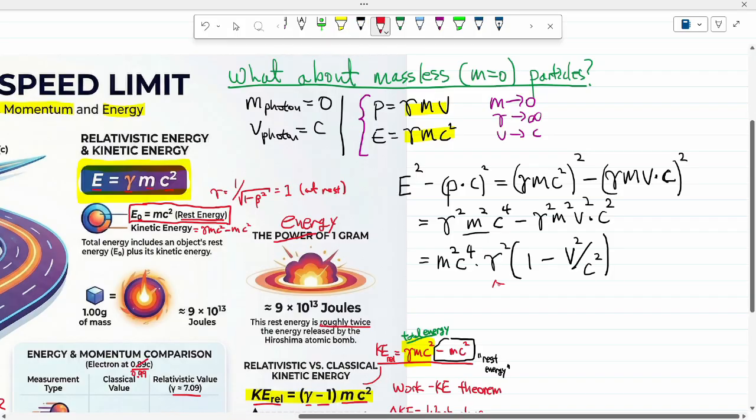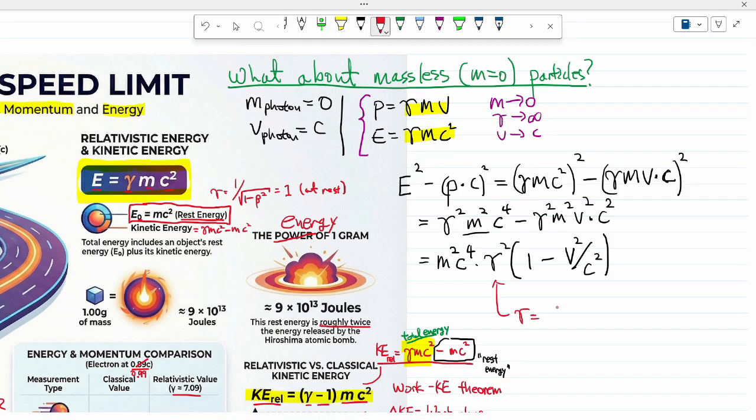So this is the expression you have, and you might think, oh, that looks so complicated, but watch. Because gamma is 1 over the square root of 1 minus v squared over c squared, gamma squared is 1 over 1 minus v squared over c squared. It's the exact same thing that I have here, except in the denominator.